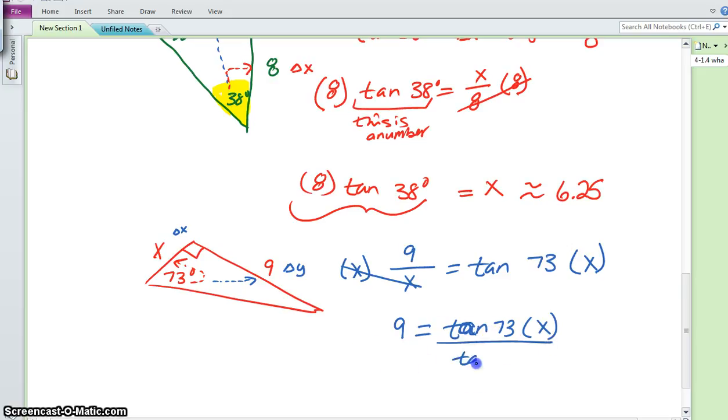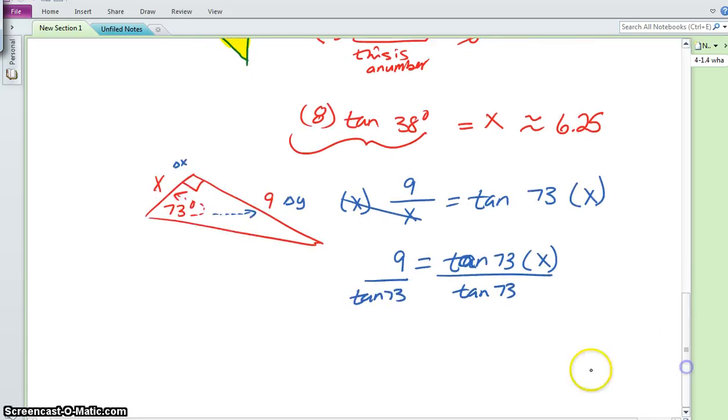So show that the same way you would if that were any other number. So this reduces to 1. X equals 9 divided by tangent of 73. Your calculator does that arithmetic as easily as it does 8 times tangent of 38. So press the buttons for 9 divided by tangent of 73.